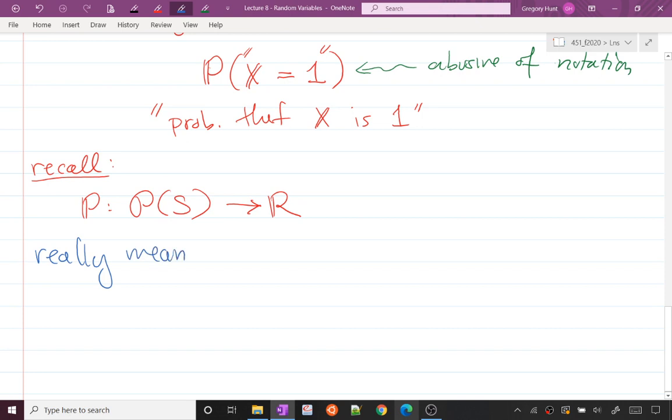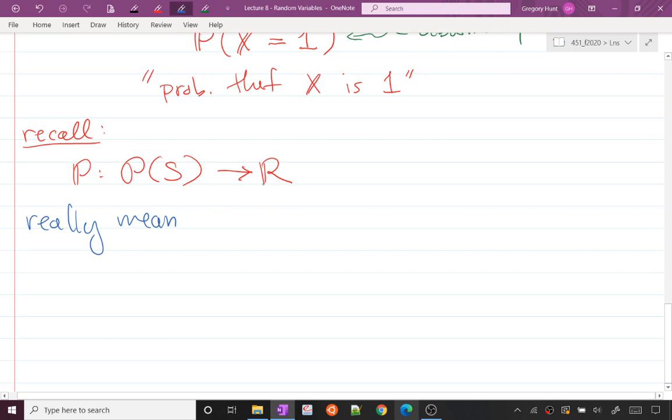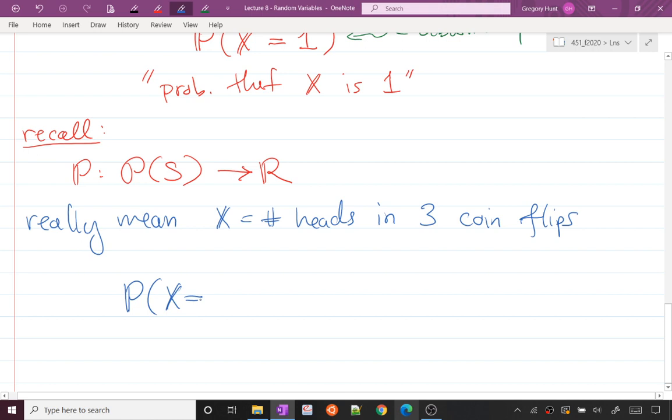What we really mean when we write P of x is equal to 1 is that, if x is equal to the number of heads in 3 coin flips, when we say P of x is equal to 1, what we really mean is the probability of a certain event. What's the event? The event that I have exactly one head.